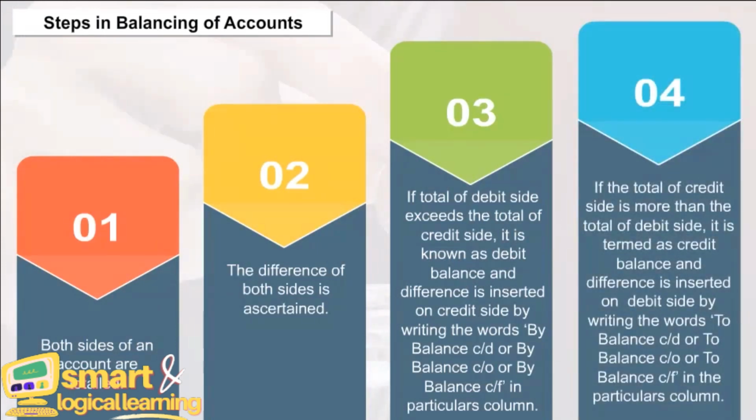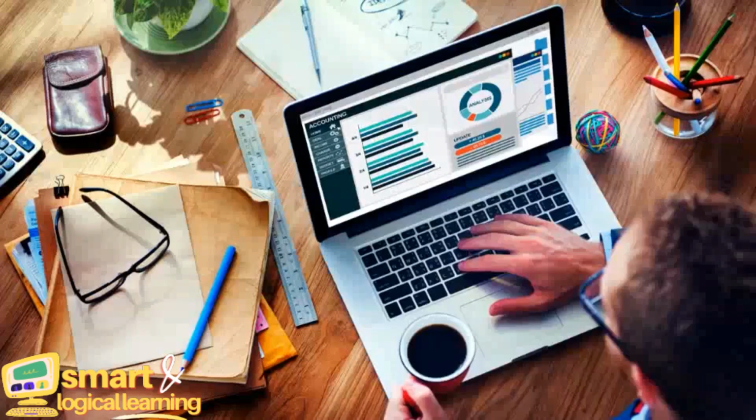If total of credit side exceeds the total of debit side, it is known as credit balance, and the difference is inserted on the debit side by writing the words 'to balance c/d' or 'to balance c/o' or 'to balance c/f' in the particulars column.